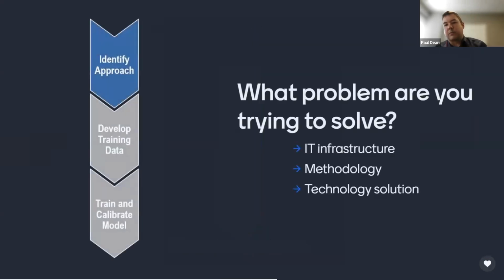Okay, so drilling down into the front end of the process. Once you have your business problem, you want to start to try to identify the best tool to address that. And earlier I had talked about supervised learning or unsupervised learning or reinforcement learning.